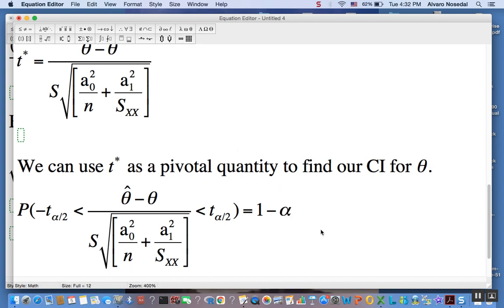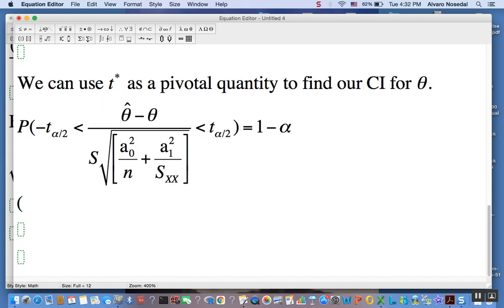You have seen something like this before in statistics 260. And then what we can do is solve for theta.